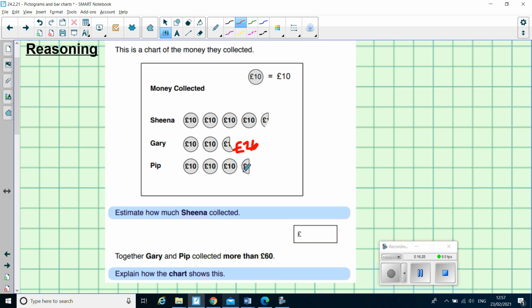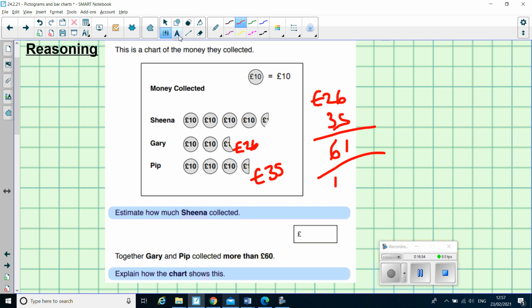Because that's a whole half there. So Pip collected £35. So then I've got to add those together. 26 add 35. Five add 6 gives me 11. 2 add 3 is 5, add my 1 is 6, altogether £61.